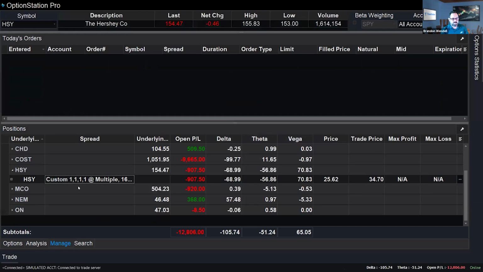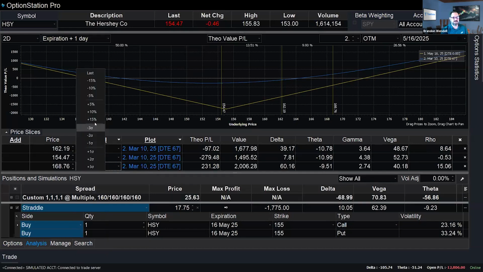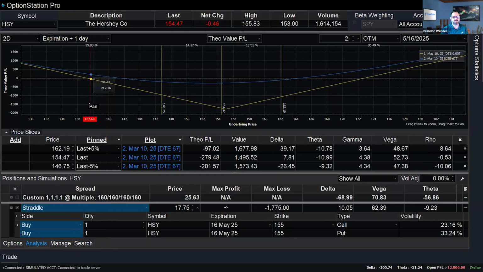So going back to our price slices and our analysis, if we take a look at, what was that? About a 5% move to the upside, 10 points, we're trading about $150. Yeah, it's less than that actually, but let's do 5% because that's what I have here as a default, or minus 5%.